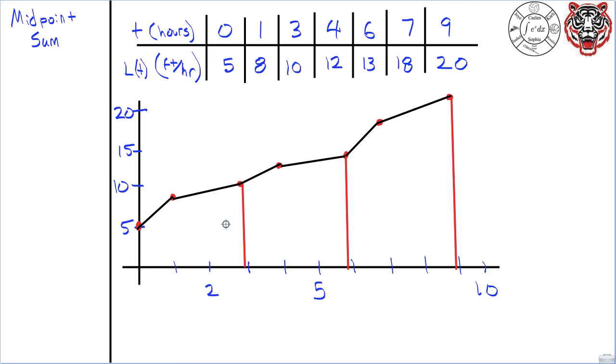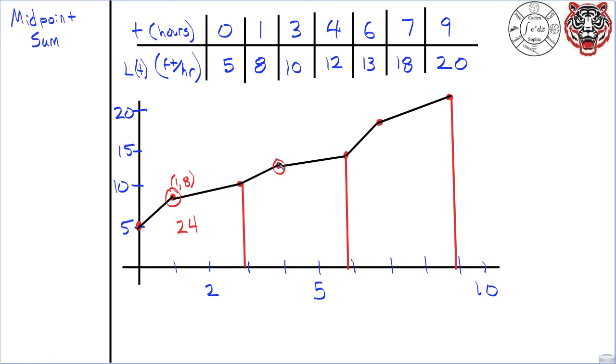Okay, so now, what is the base of this shape? Base here is 3. What is the height of this point right here? This is 1, comma 8. So the height is 8. The base is 3. This is 24. You take the height of the midpoint and then multiply it by the base.